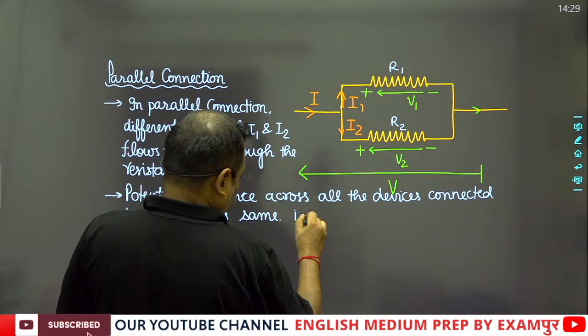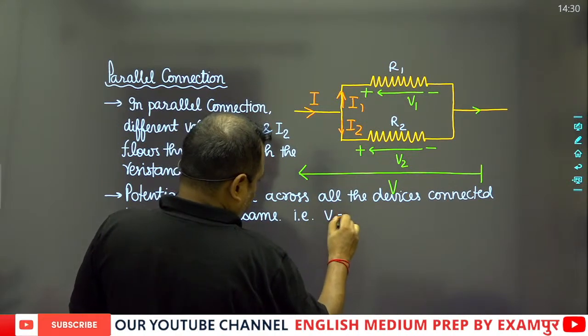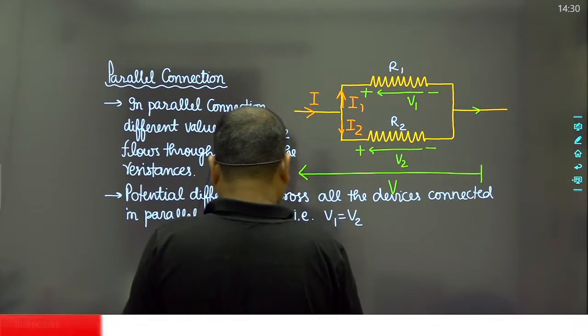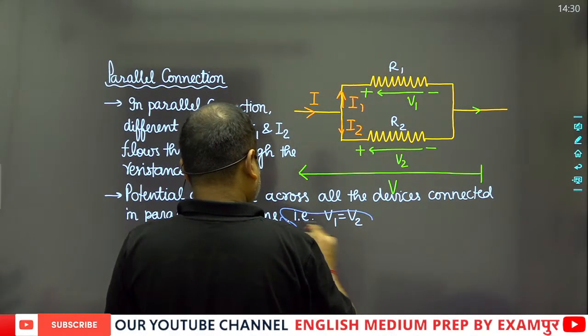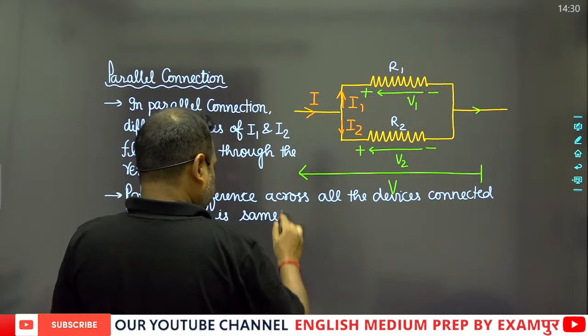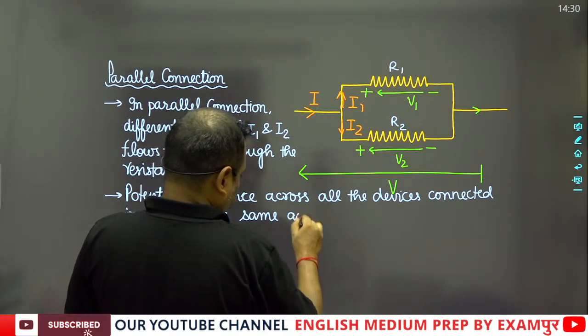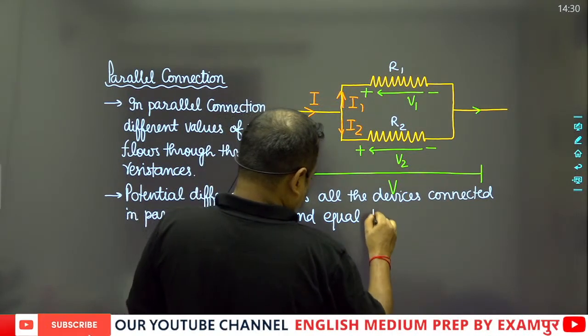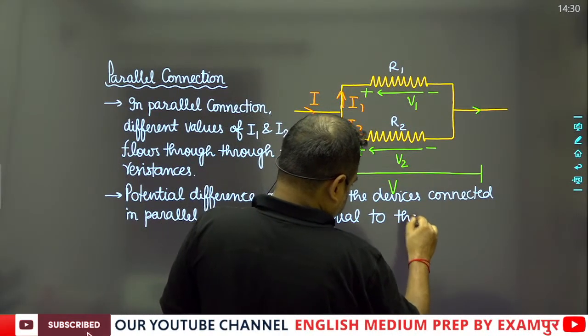It means V1 will be equal to V2, and equal to the source voltage.